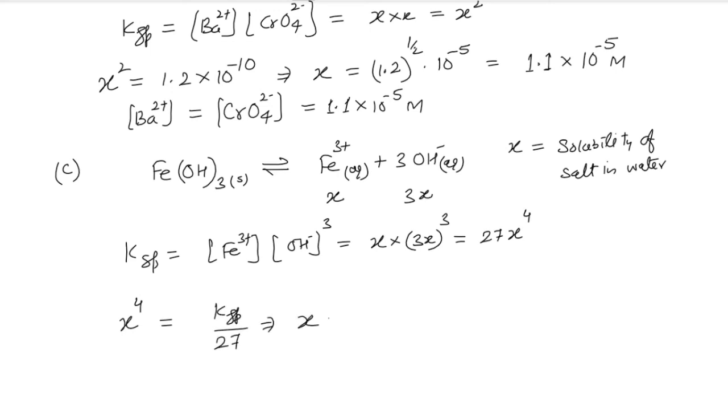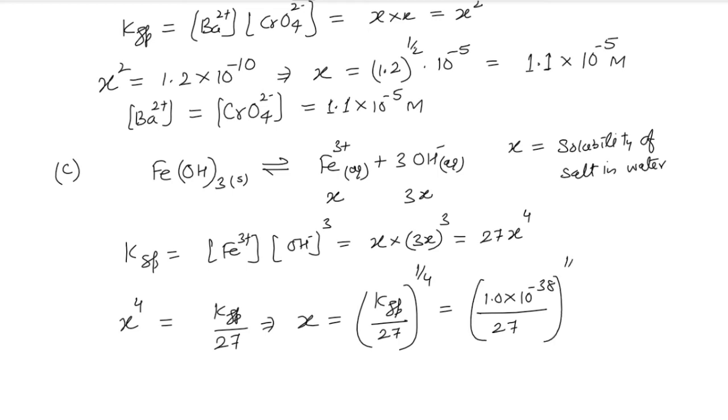That implies X is equal to Ksp over 27 raised to power 1 by 4. Ksp is 1.0 into 10 raised to power minus 38, divided by 27, raised to power 1 by 4.